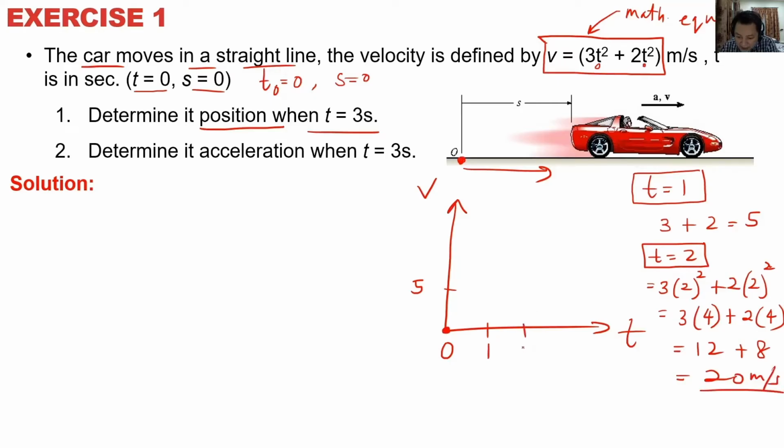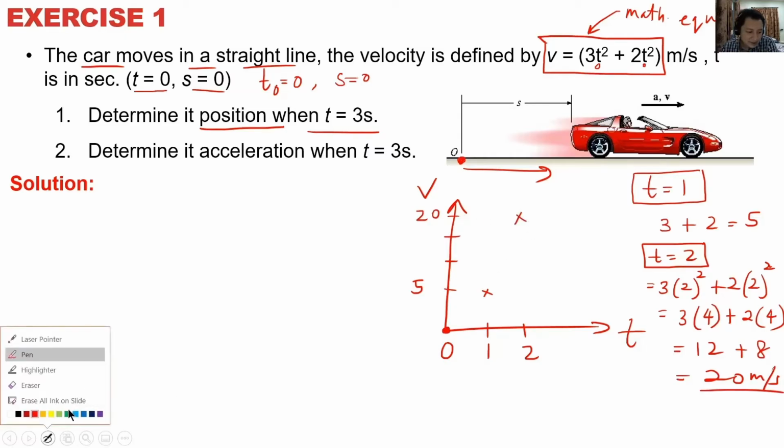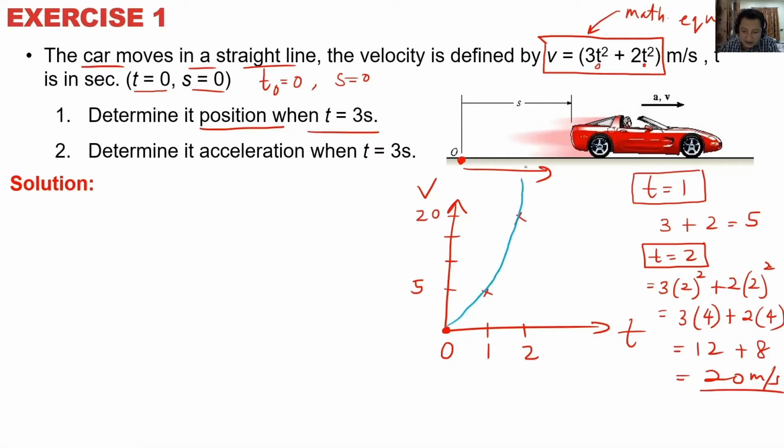So at 2 seconds, it jumped already. From originally here, 5, 10, 15, 20. 20 is here. It jumped to here. So if you were to plot this graph, it's going to be exponential like that. So this graph is the graph of v is equal to 3t squared plus 2t squared.